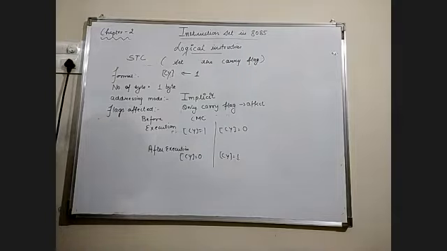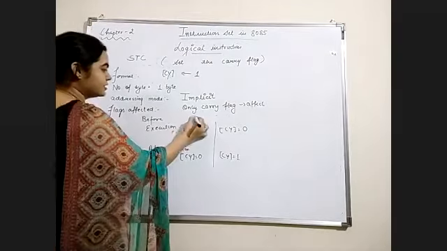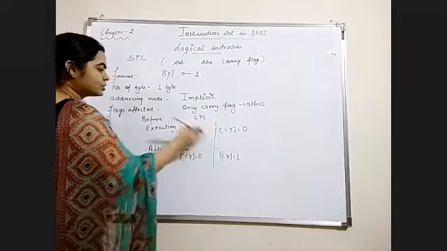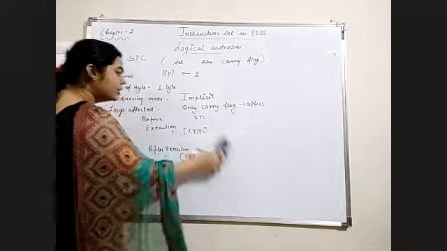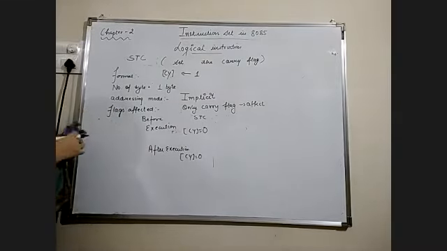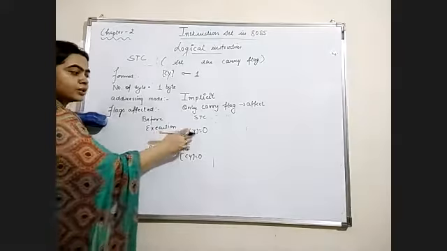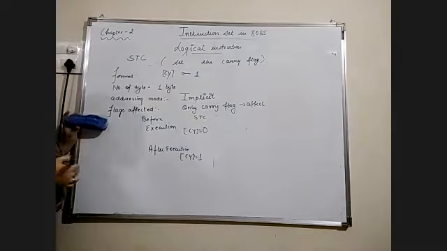Suppose we have the instruction STC, and before execution the carry flag has value 0. This instruction will set the carry flag. So if before execution the carry flag is 0, after execution it becomes 1.